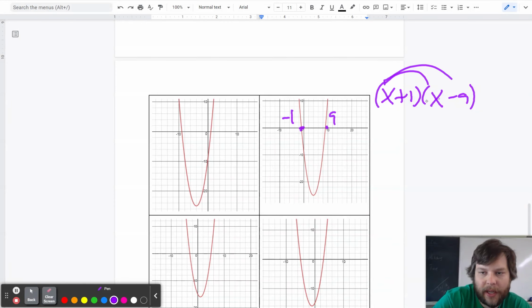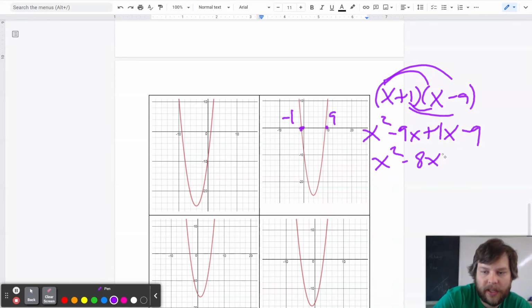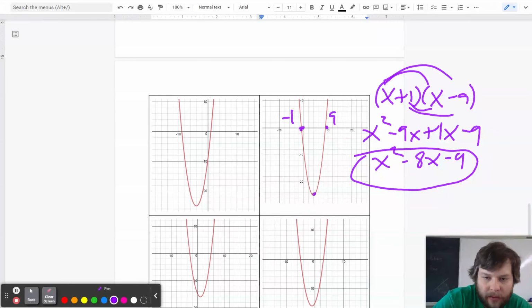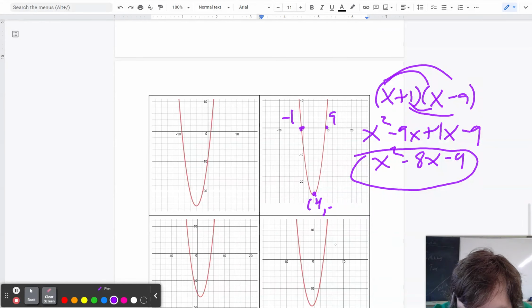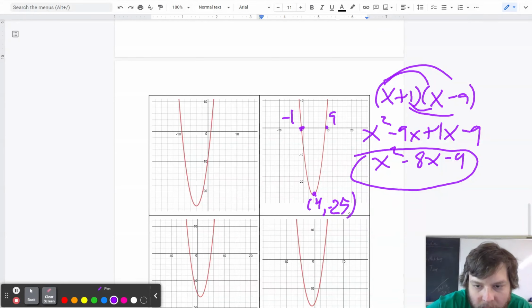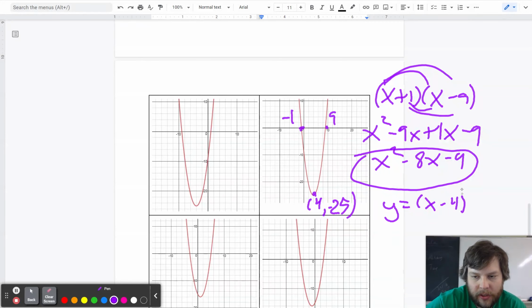I can multiply that out to get x squared minus 9x plus 1x minus 9, which makes x squared minus 8x minus 9. I can find the vertex right in the middle there at 4 comma -25, I believe. And that gives me y equals x minus 4 squared minus 25.